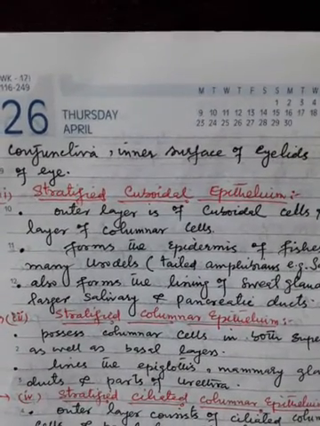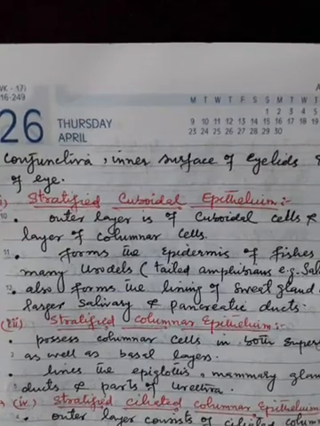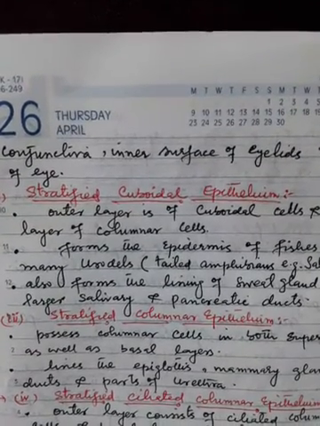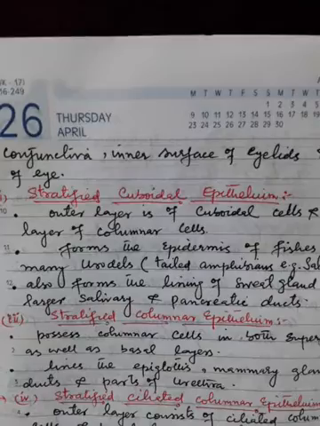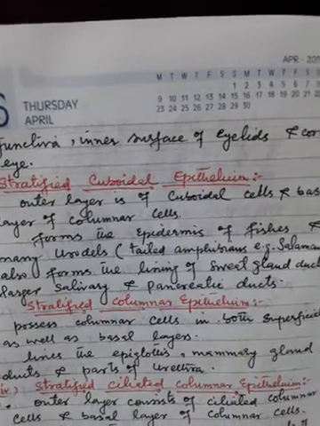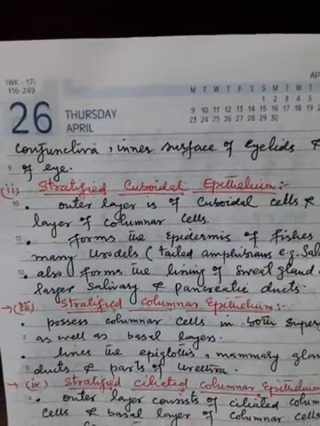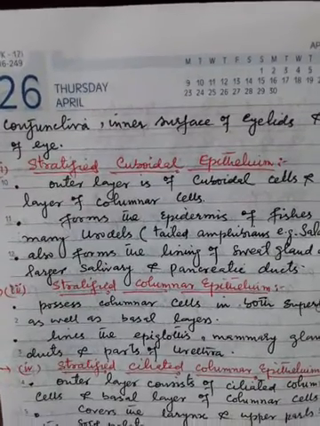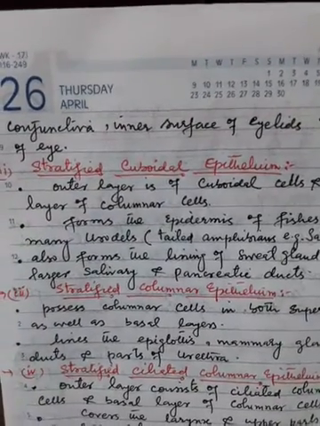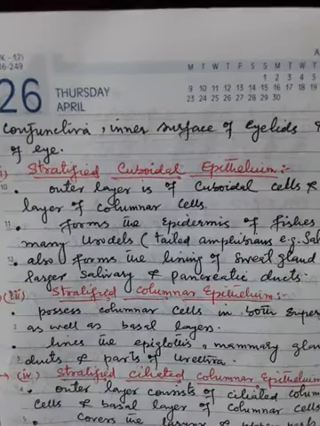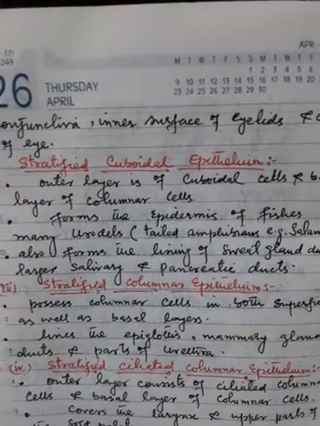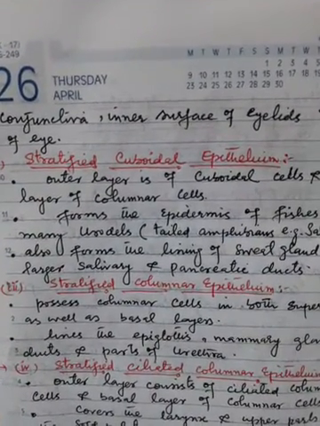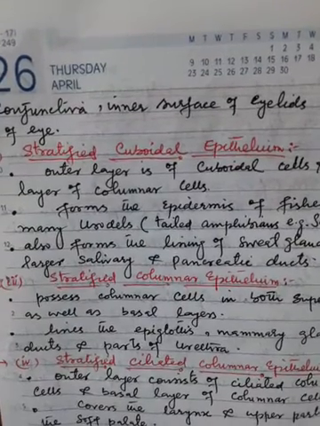Now, the third type of tissue, stratified columnar epithelium. This type of tissue possesses columnar cells in both superficial as well as basal layers. This tissue lines the epiglottis, mammary gland ducts, and parts of urethra.